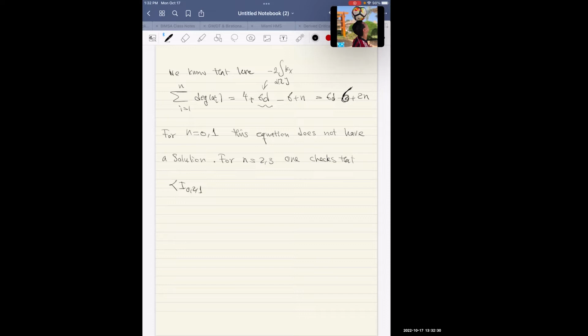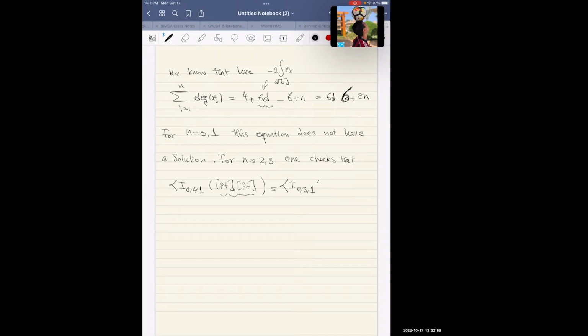One checks that I0,2,1 with only 2 marked points, and if I have these 2 point classes I put in here, it would be the same as I0,3,1. Now pay attention how beautiful this is. If I put these 2 points in here, I can relate that to the 3-pointed curve class.